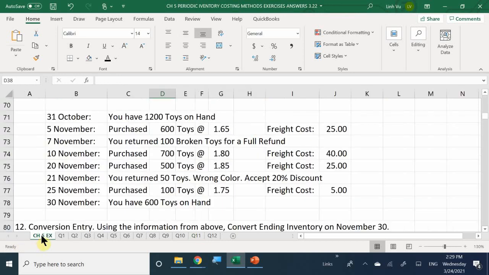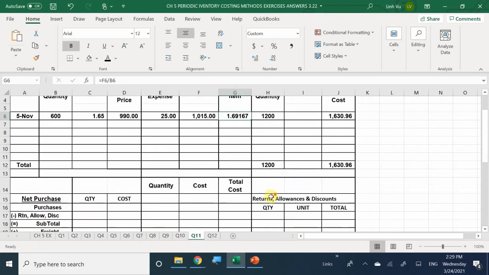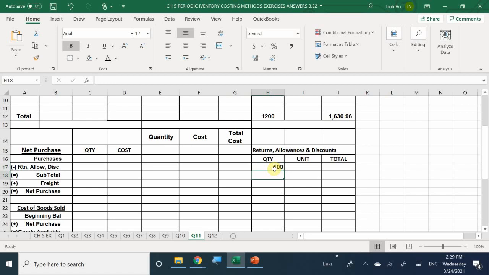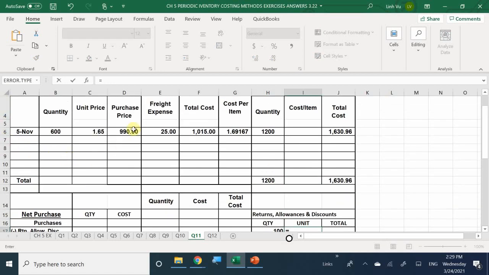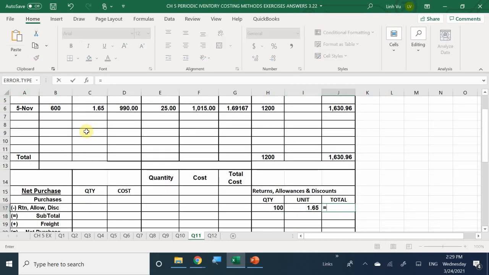All right. So then what happened next on November 7th? Returned 100 for a full refund. Perfect. We returned 100 toys for a full refund. So Q11, we returned 100 toys. At what unit price did we return this at? 165, giving me a grand total refund of 165.